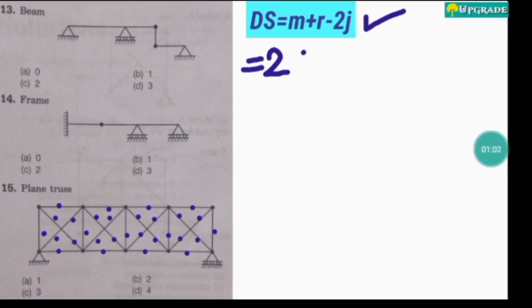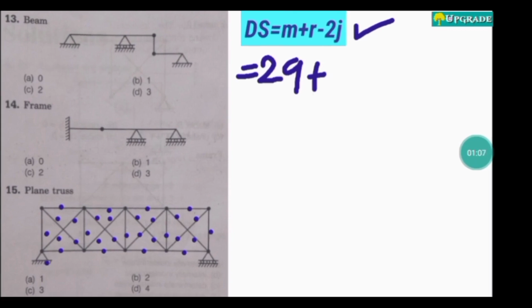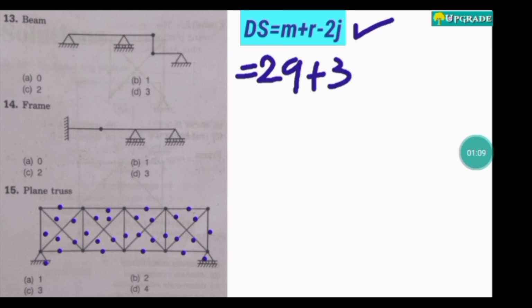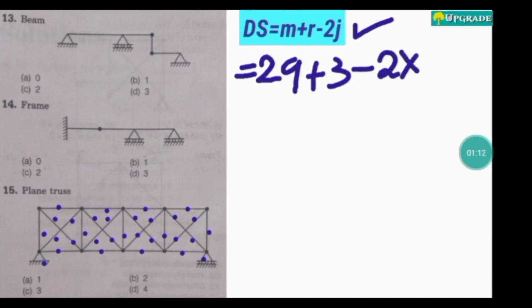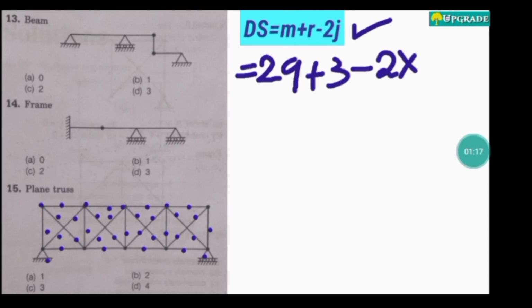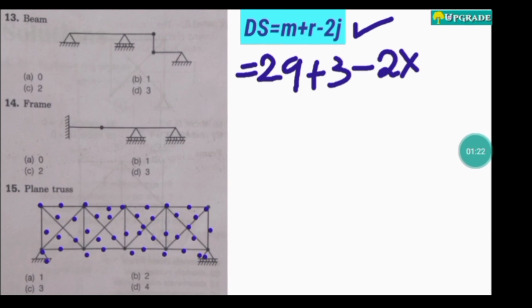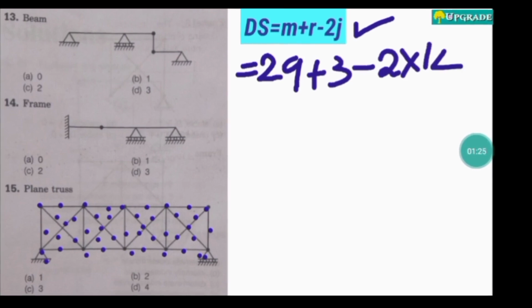So total 29 members. Plus reactions: hinge support has 2 reactions and roller 1, so total 3 reactions. Minus 2 into the number of joints. Count the joints: total 14 joints are there.